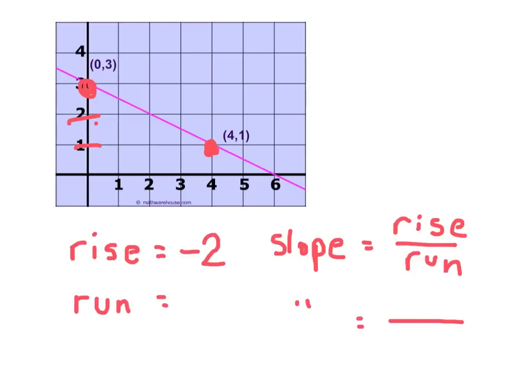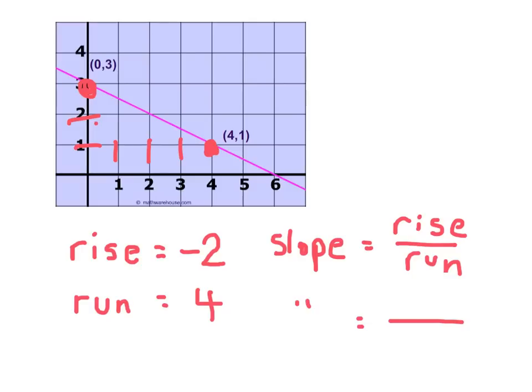We went from 3 to 1, so we would have to subtract 2. Then the change in x, the run, from (0, 3) to (4, 1) would be 1, 2, 3, 4, a positive 4 in the x direction, because 0 plus 4 equals 4.